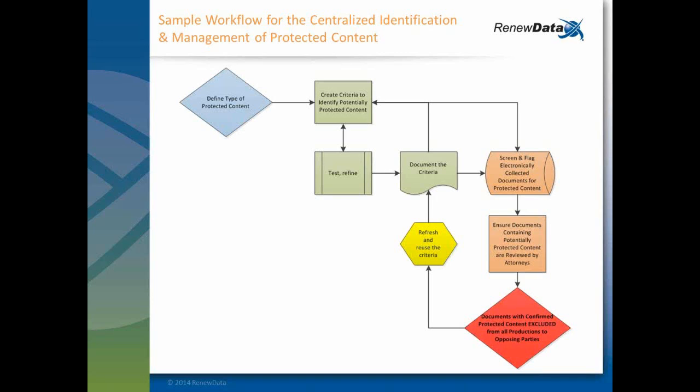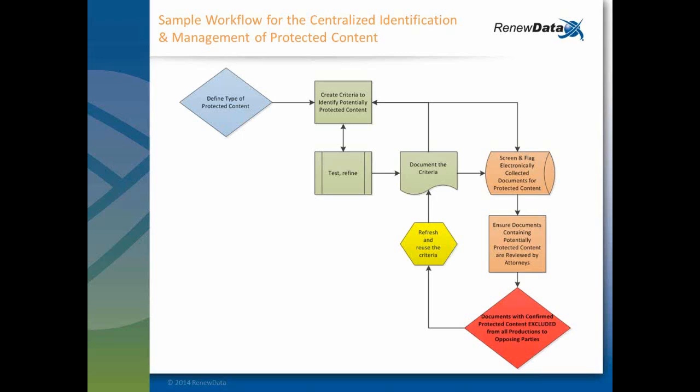But first define the categories of protected content that you need to identify and proactively surface in your e-discovery document reviews. And then create criteria to identify that potentially protected content, whether you're looking for content that is text-based, that has terms in it, or if you're looking to identify patterns, numeric patterns or alphanumeric patterns that might be social security numbers or date of birth or bank account numbers or credit card numbers.